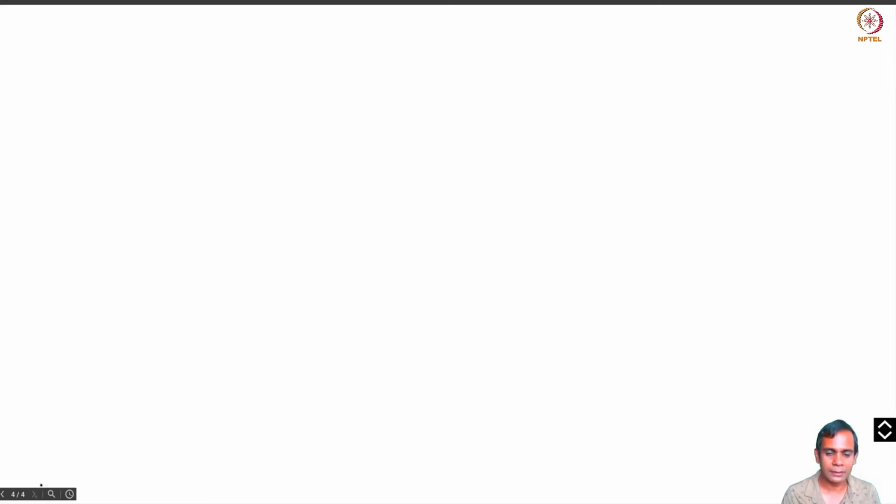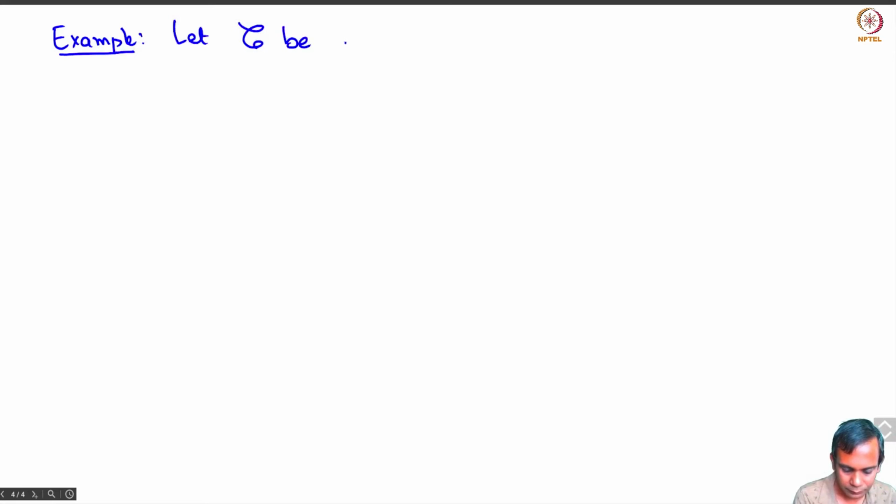Let's look at a very simple example of a functor. Let C be any category. Then define a functor from C to C, which is called the identity functor.